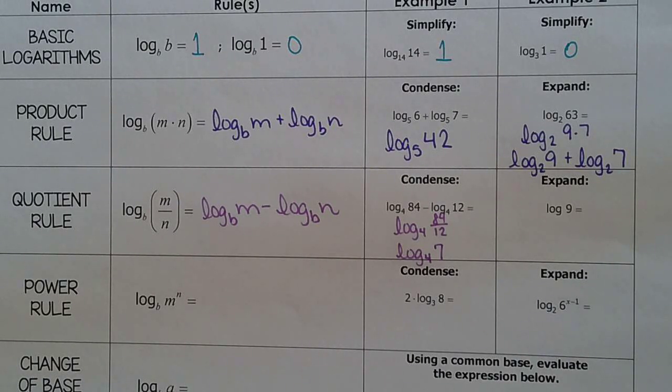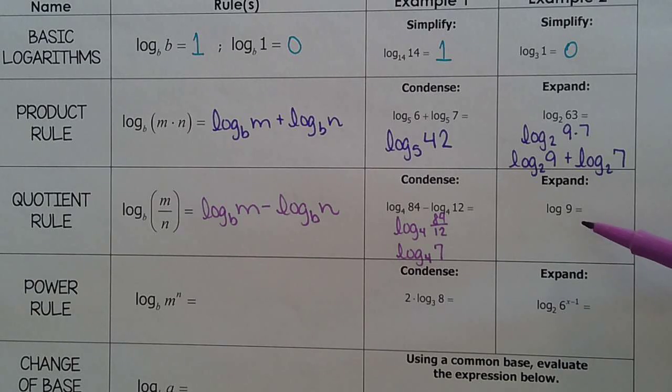Okay, and then I'm going to expand one. My value here is 9. We want to avoid using 1, so I'm not going to call it 9 over 1. I could do 18 over 2. I could do 27 over 3. I could do 81 over 9.